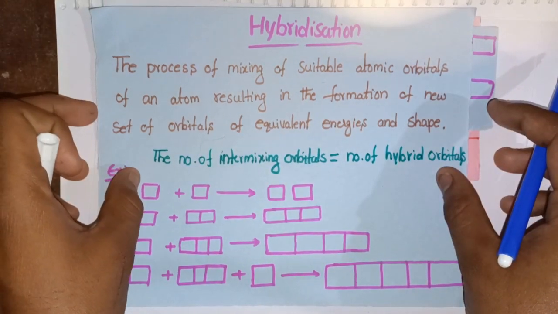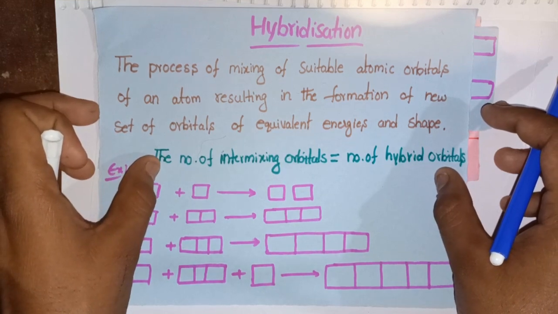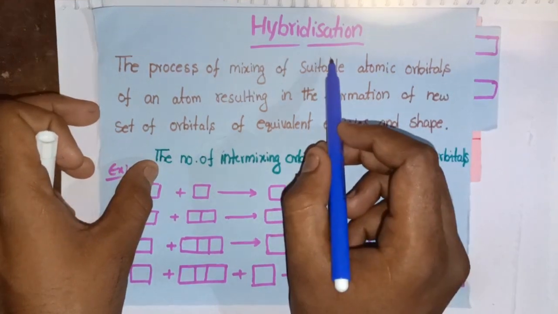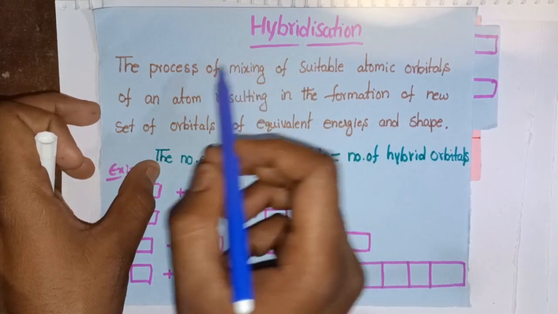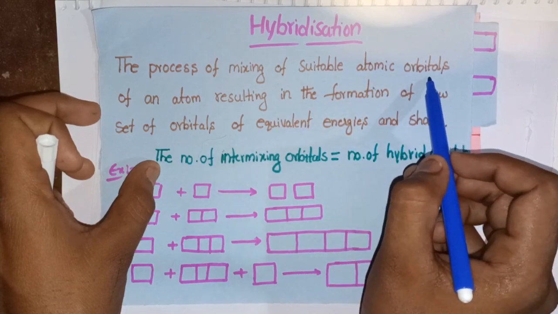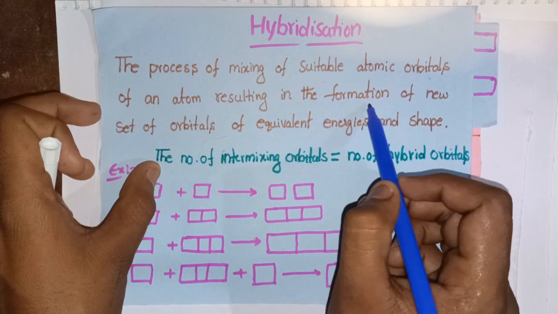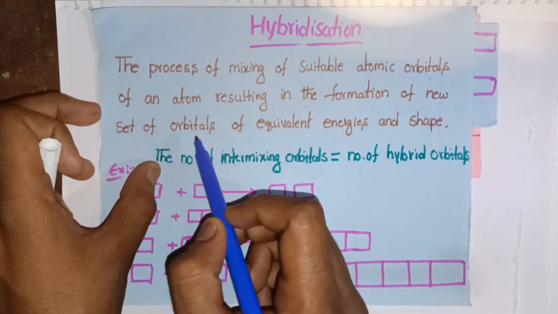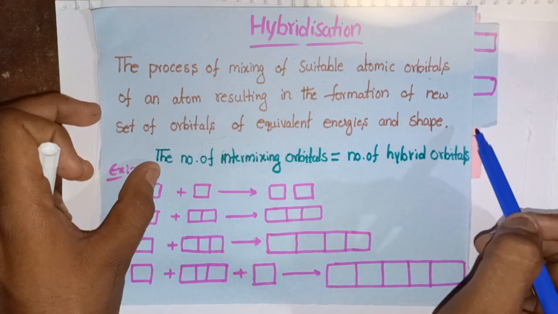In this video we are going to discuss the most interesting topic in chemical bonding. It is hybridization. Let's know the definition of hybridization. The process of mixing of suitable atomic orbitals of an atom resulting in the formation of a new set of orbitals of equivalent energies and shape.